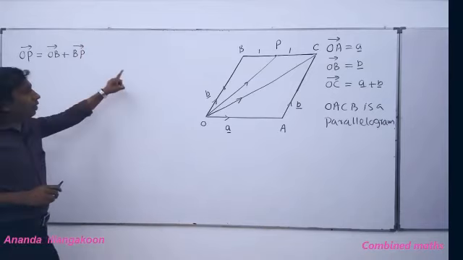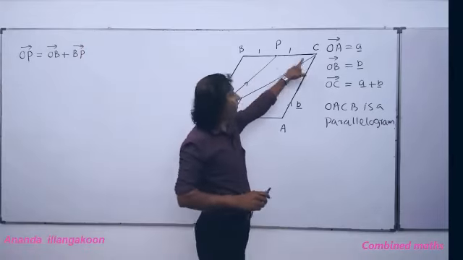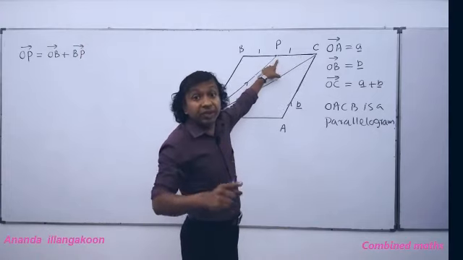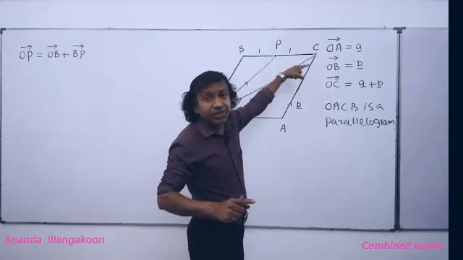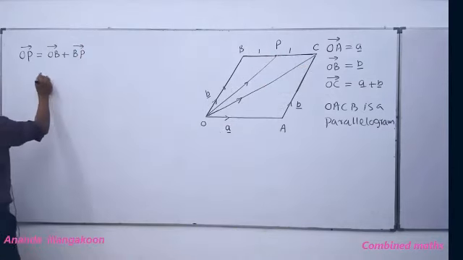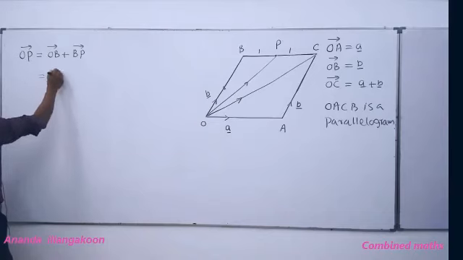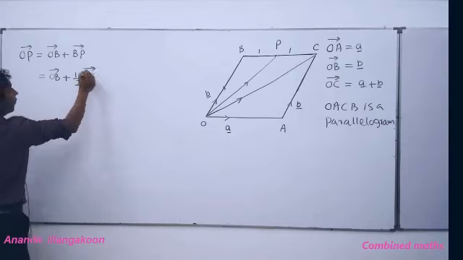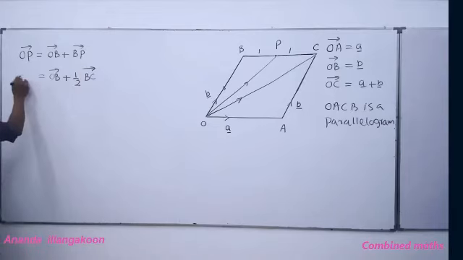If P is the midpoint of this BC, then how do we write this BP vector? You can write BP vector as half BC. Understand? Half BC. OB vector plus half BC vector. Why? Because P is the midpoint.